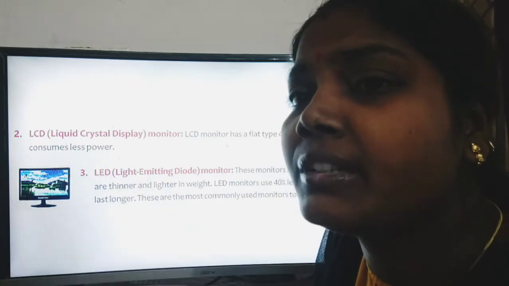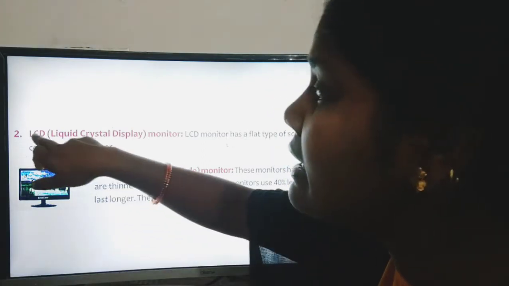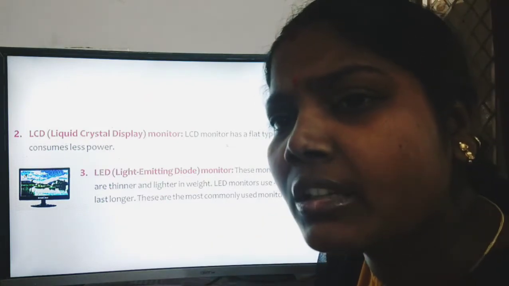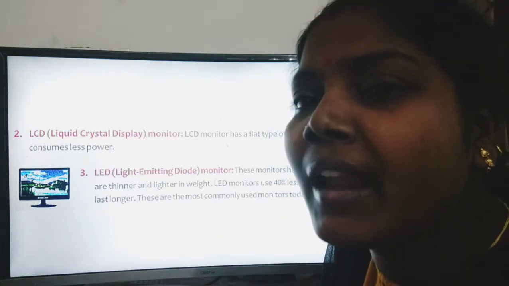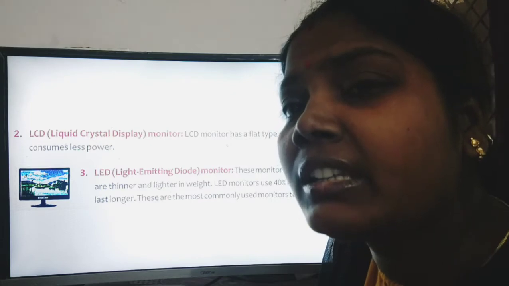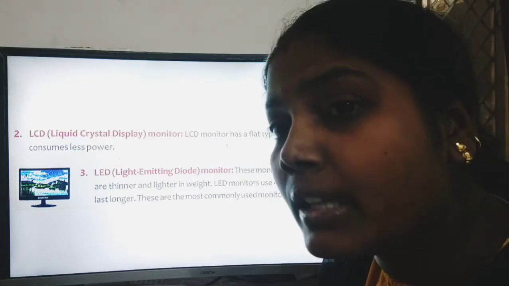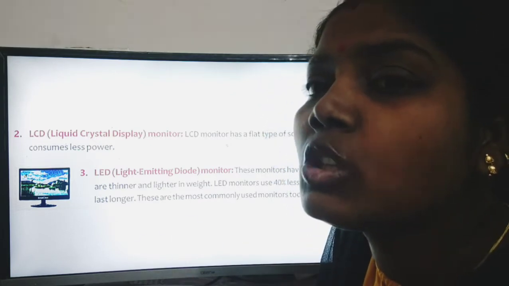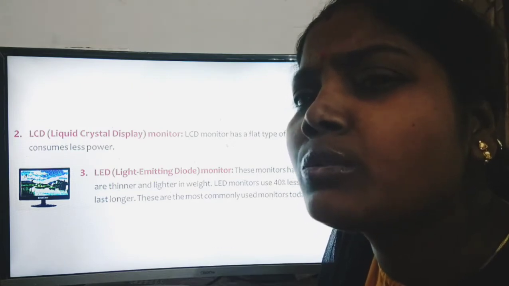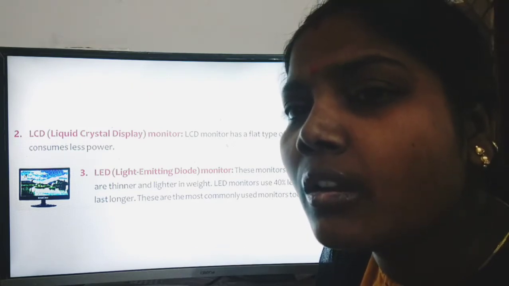Afterwards people found the LCD monitor. Now it looks like a flat screen, and compared to the first CRT monitor, it uses less power.